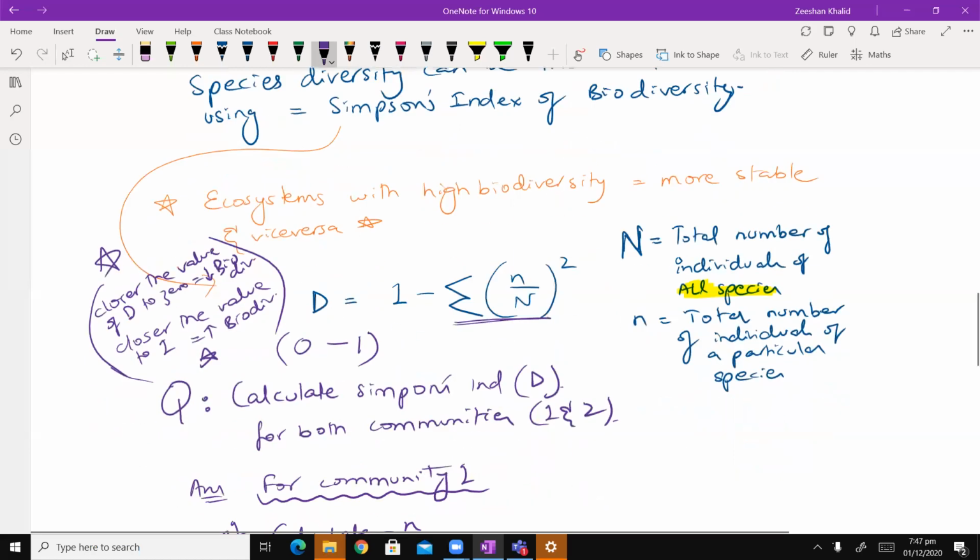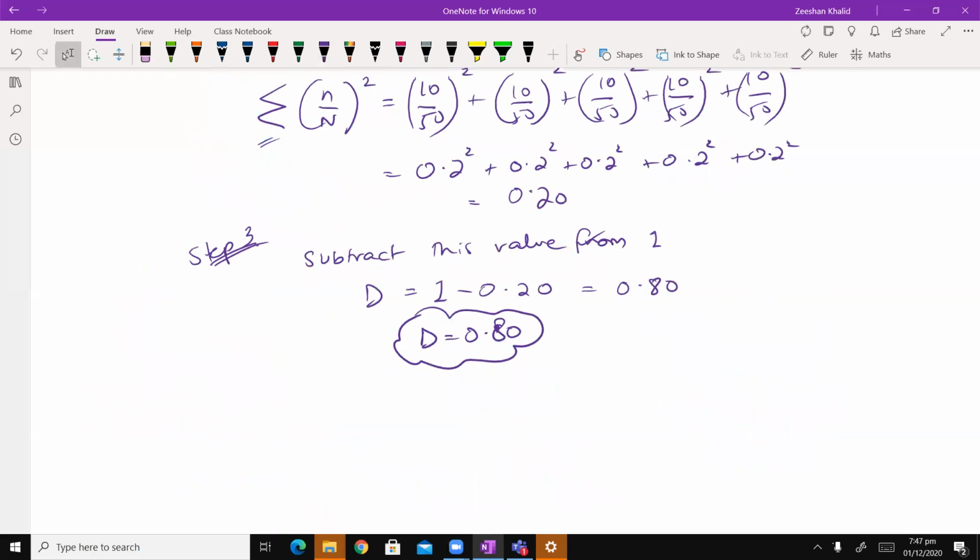So 0.80 means that this value is close to 1, which means that community 1 has high biodiversity.